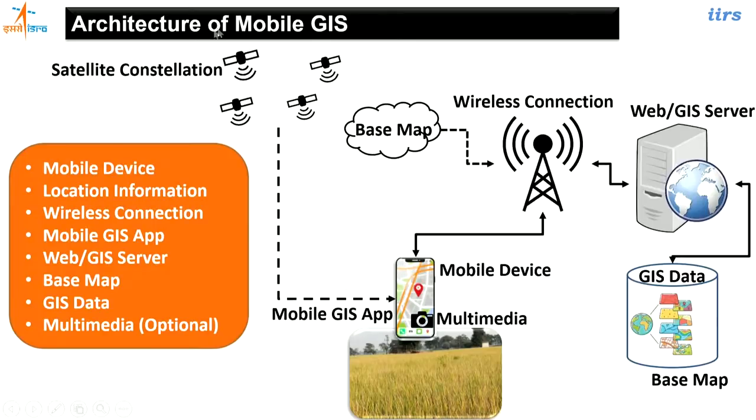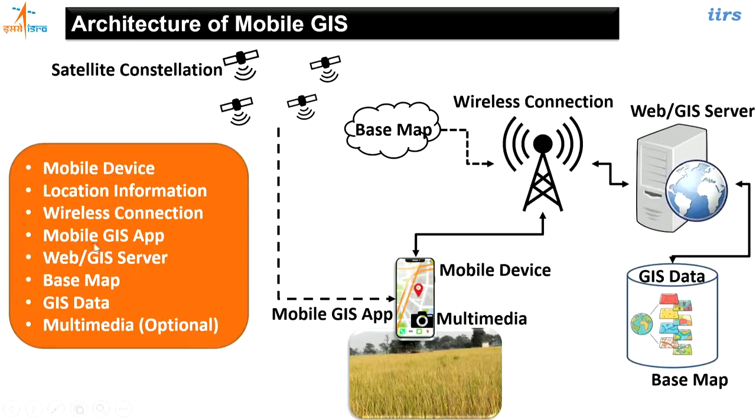It will come from a constellation of satellites, because as we are aware, the location information is captured not through one satellite, but by a constellation of satellites. Typically 4 satellites are required to calculate the location of a particular place. That's why I have given only 4 over here. So the satellite constellation is also one component in this mobile GIS architecture, because the location information is coming from this constellation.